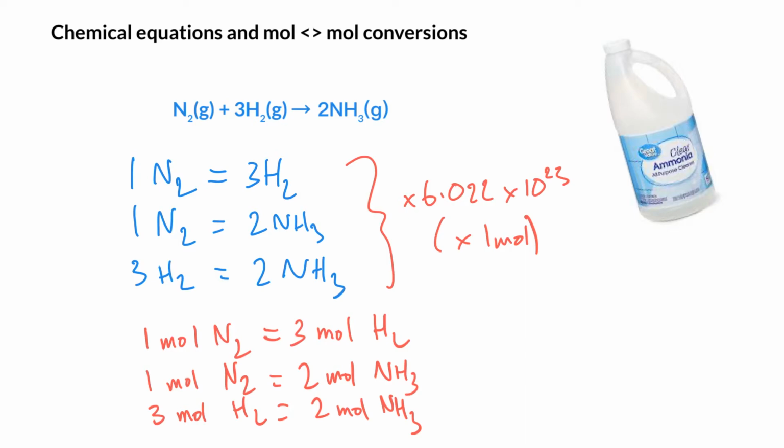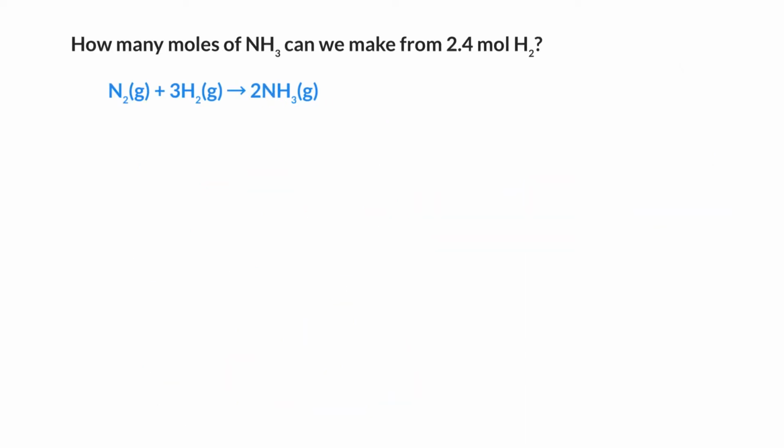So what do we do with them once we form them? Good question. Here's the sort of problem we can do from this information. How many moles of ammonia, NH3, can we make from 2.4 moles of hydrogen? This is a conversion factor problem. So we just have to take our hands. There's our one hand. What do we want? How many moles of ammonia? That's right there. And hydrogen, that's right there.